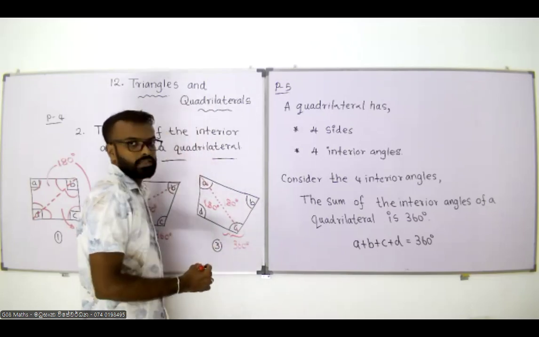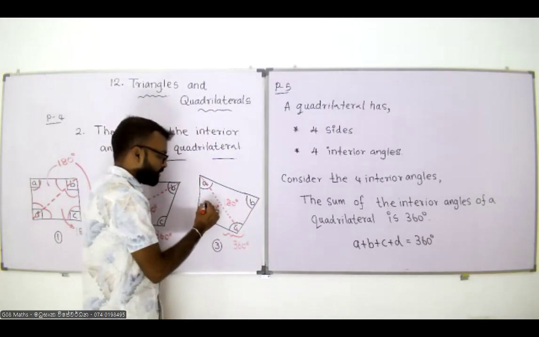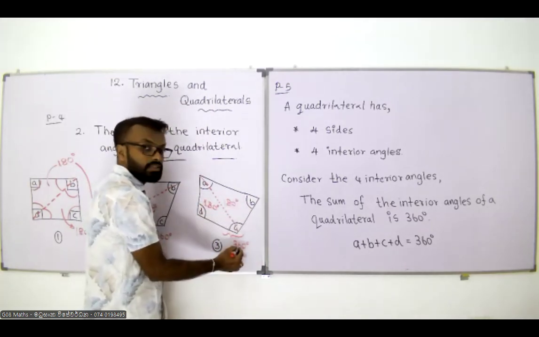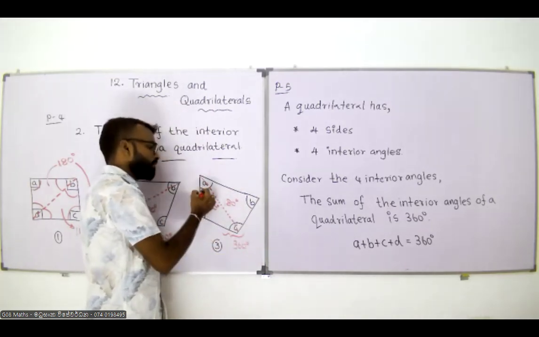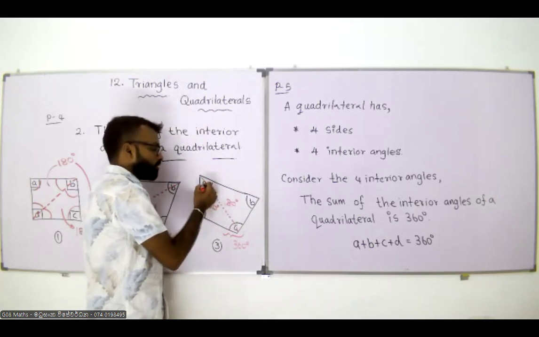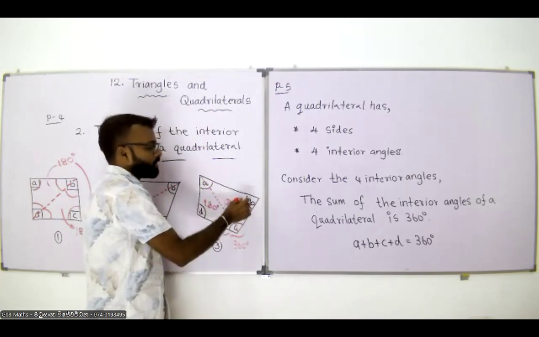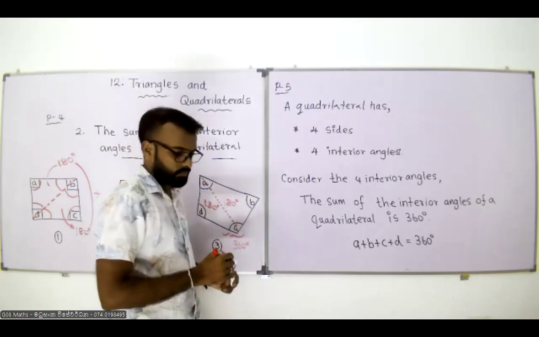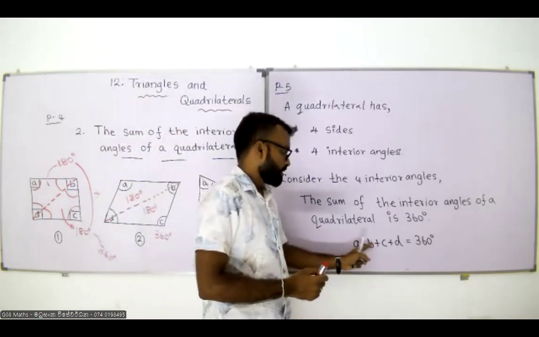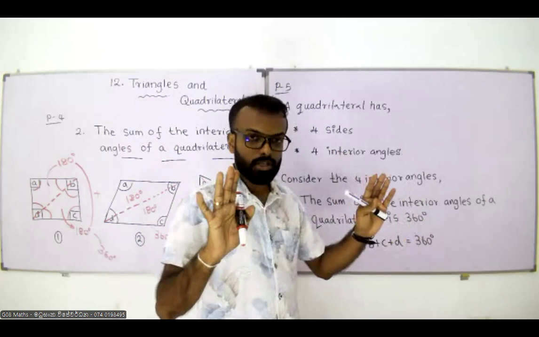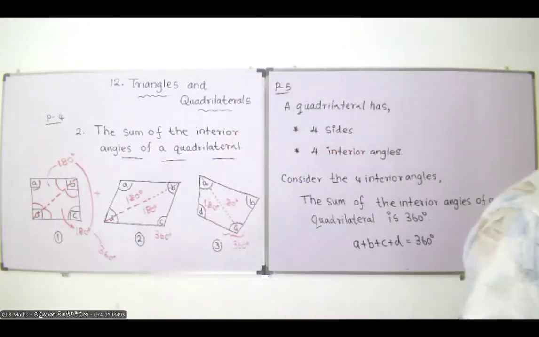You need to understand the concept and the logic. 180 plus 180 is 360. So 360 is the summation of the interior angles of the quadrilateral. So A plus B plus C plus D is equal to 360.